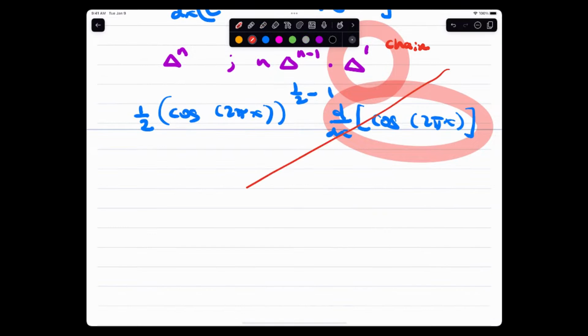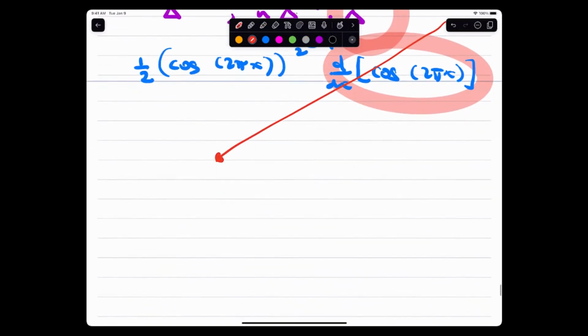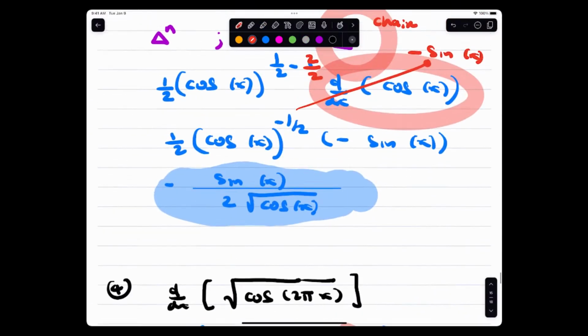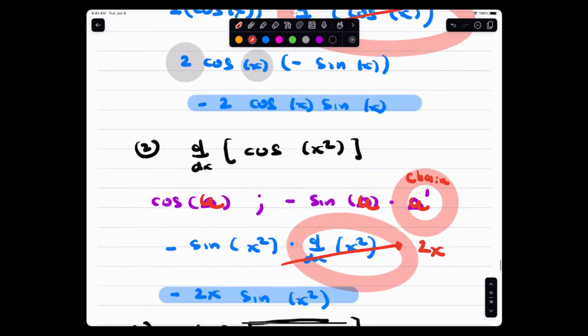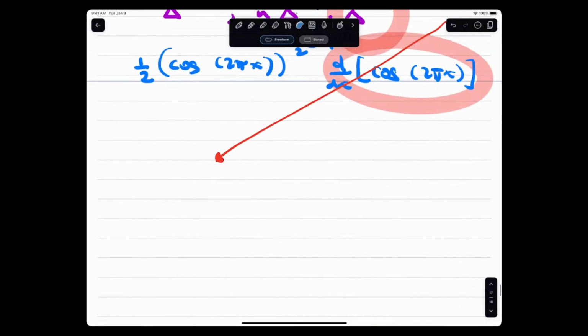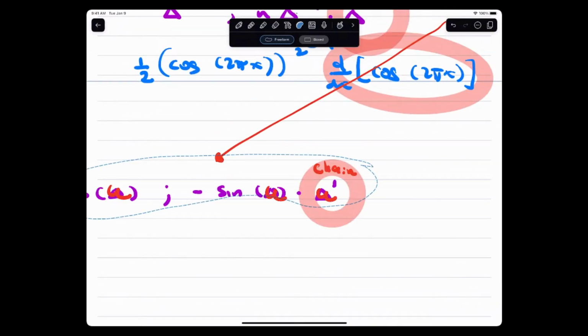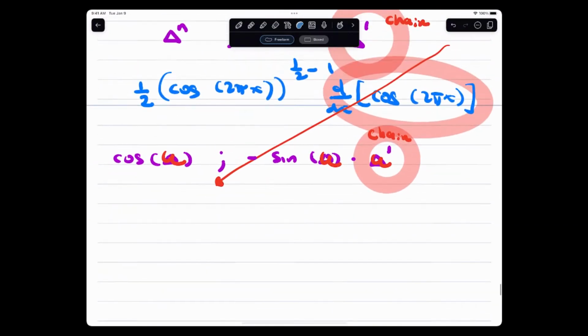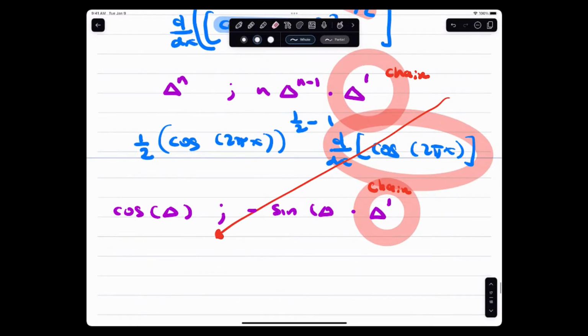This derivative, what is that going to be? Well, now I have to use what? This. Is that right? And you say, well, I don't like the u. Okay, do you guys see my point?